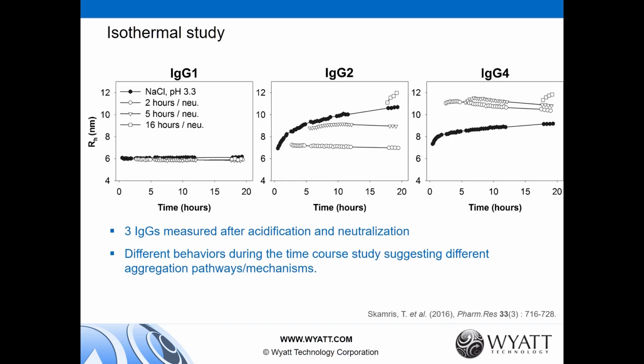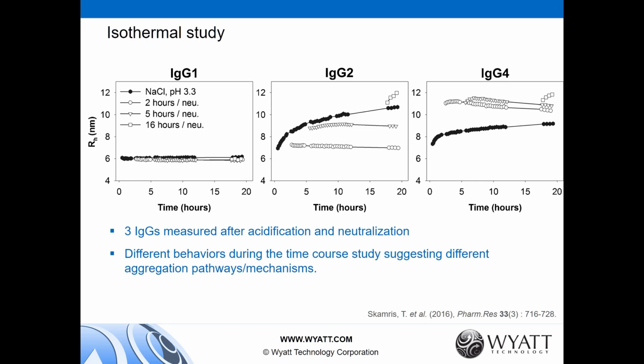So here's an example of an isothermal study published by Skamras and his colleagues in 2016. And it shows the aggregation analysis over time courses of 20 hours for 3 different IgGs. And these proteins have undergone different stresses of acidification, neutralization.